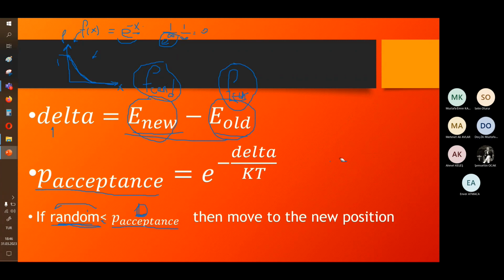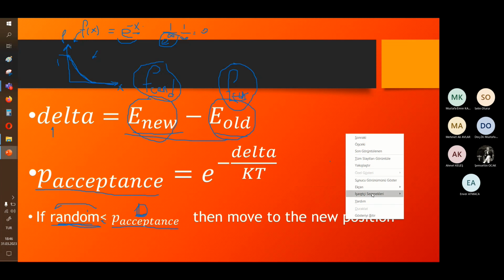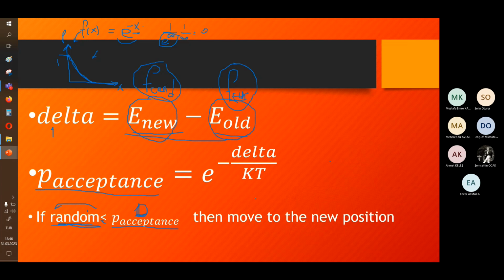Let's see. Now, this time, let's keep temperature constant. Let's say temperature is quite high or normal or very high. It doesn't matter, but it is in one condition. And how about the delta? Let me show delta like this.